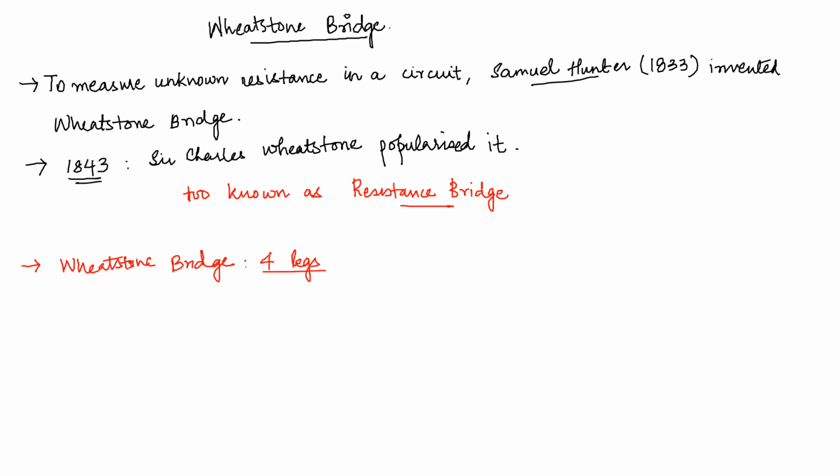In these four legs, two we have connected with known resistance, one has the variable resistance, and the last one has the unknown resistance which we need to find out.